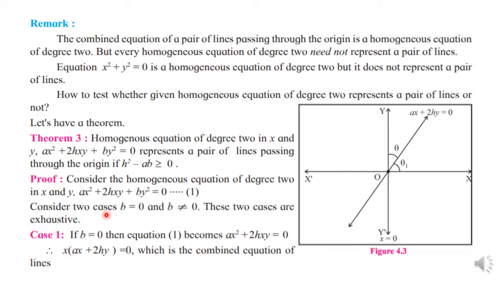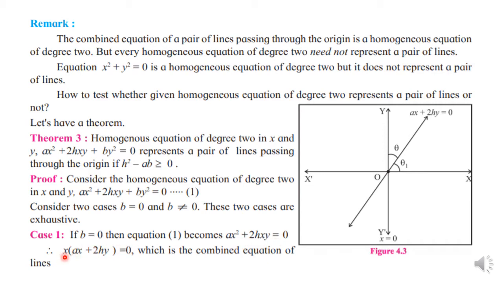Consider two cases: in the first case we take b is equal to 0, and in the second case we take b as not equal to 0. So in case 1, suppose b is 0, then in equation 1 the term by square becomes 0, and as a result we get ax square plus 2hxy is equal to 0.